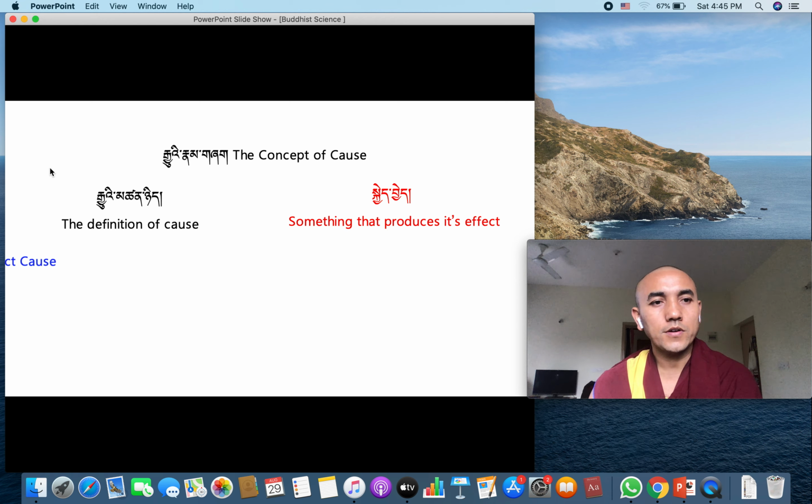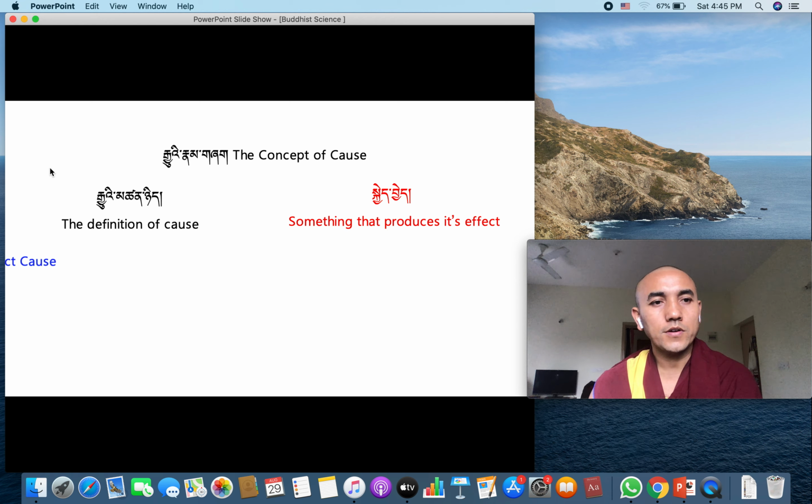So, what is direct cause and what is indirect cause? The direct cause is the direct producer of its effect, and the indirect cause is the indirect producer of its effects. If I share an example like firewood, fire, and smoke: firewood is the direct cause of fire, and firewood is the indirect cause of smoke.